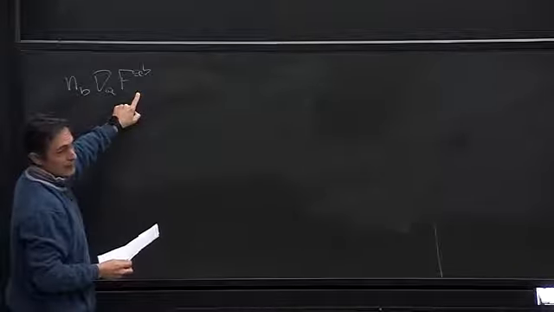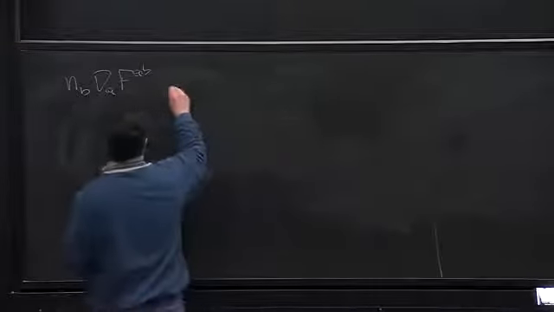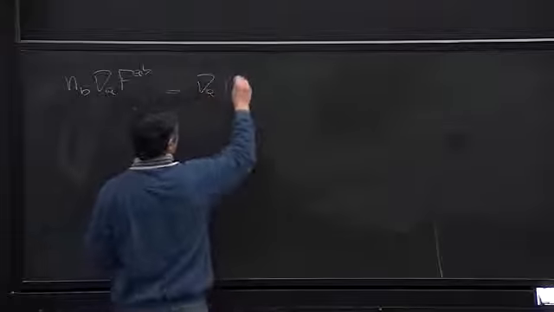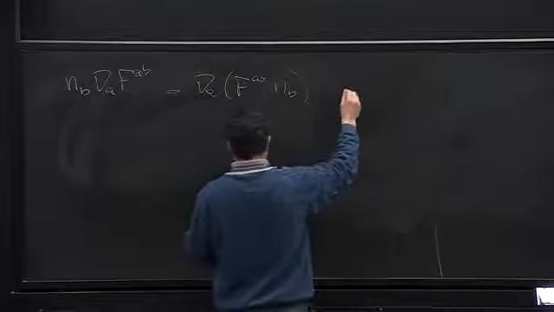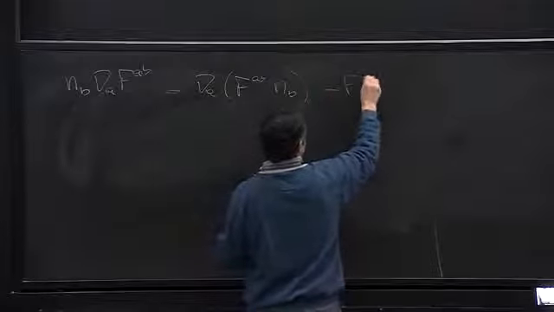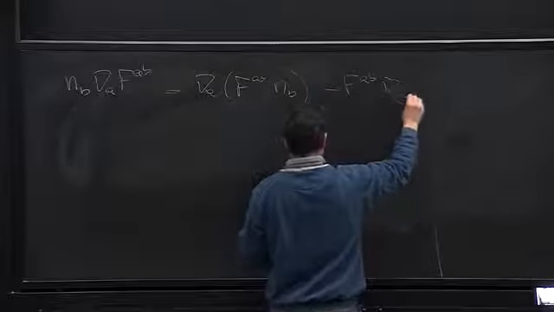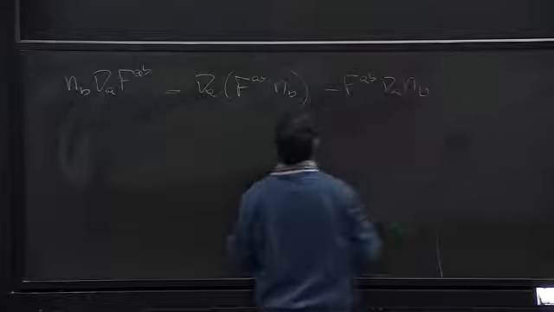So just as we did before, I'm going to bring the n inside. I bring the n inside because the moment I do that, I can bring the electric field in explicitly. So this would be grad_A of F^AB n_B minus F^AB grad_A n_B.